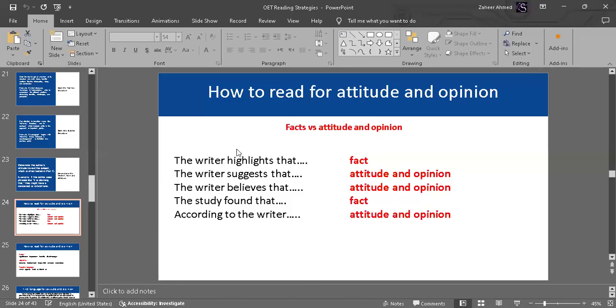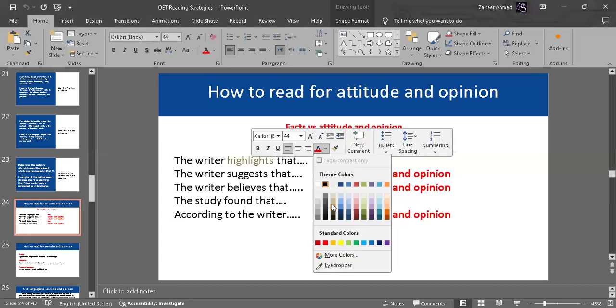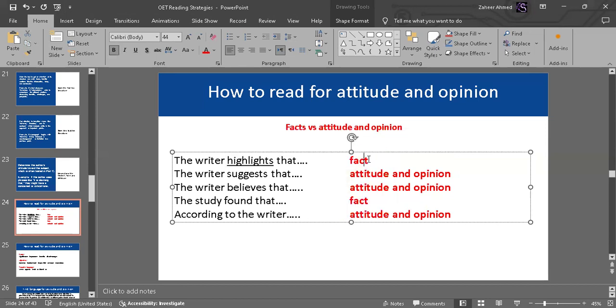So I said, when the question will be about a fact, you will understand. Just now you notice the question was about highlights, isn't it? Did you notice that the question that we read was about highlight? So when the question is about highlight, it means it's about fact.